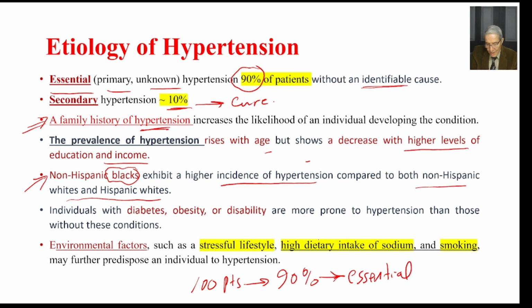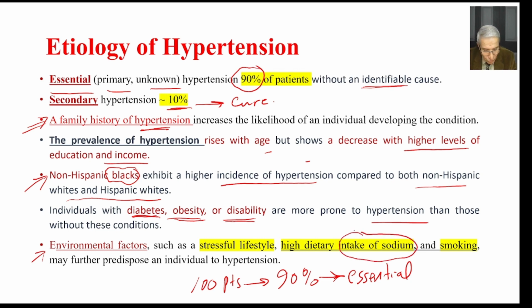Moving to the next, what they found there: patients suffering from diabetes, obesity, or disability are more susceptible to hypertension. So when you have a history of diabetes, obesity, or disability, the risk of hypertension will be higher compared with the normal patient. Environmental factors could include a stressful lifestyle and high intake of sodium.